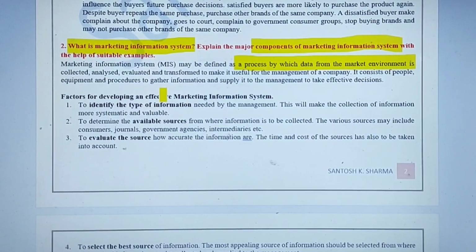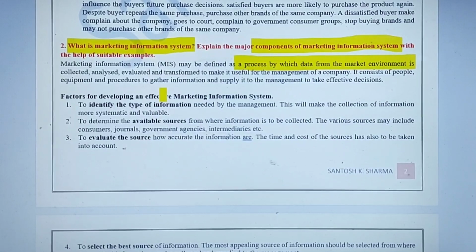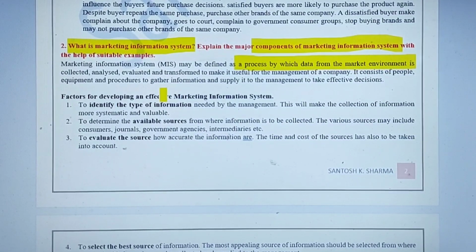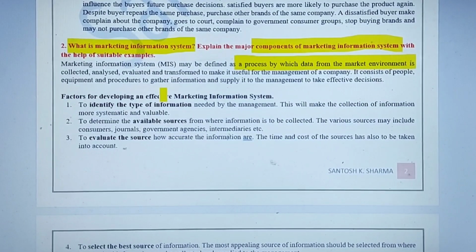This is done by the marketing manager. There are a lot of sources from where he can collect market information and provide useful information to the management so that they can take proper decisions.